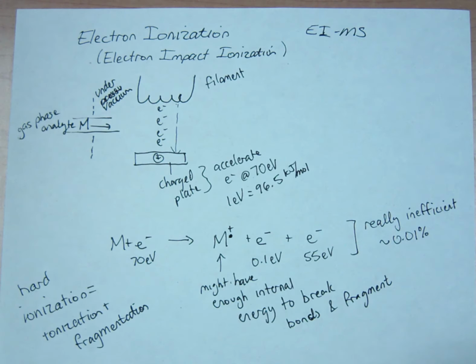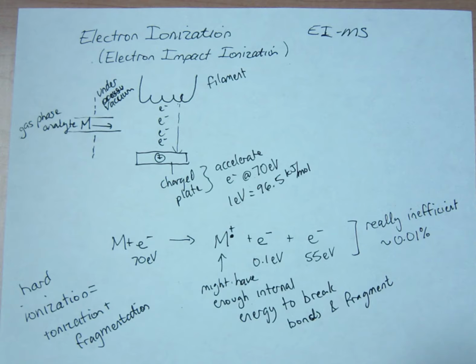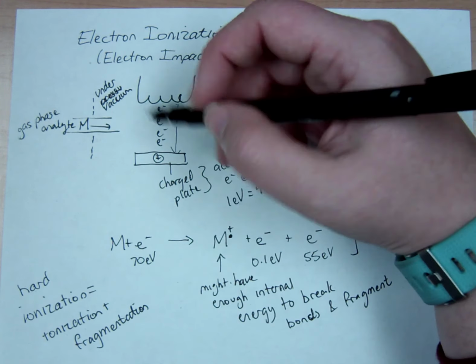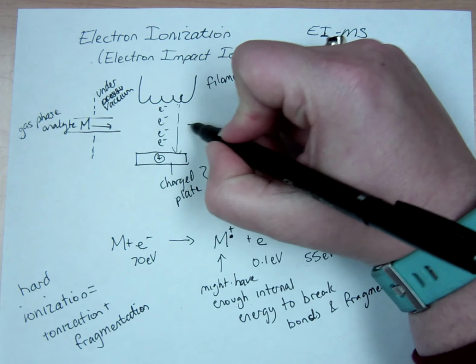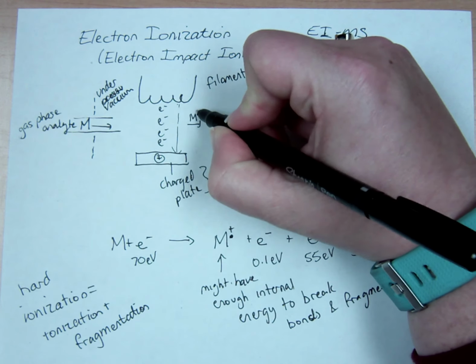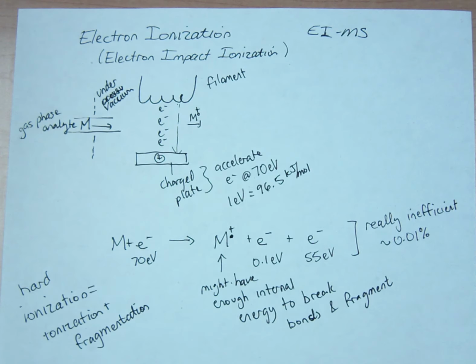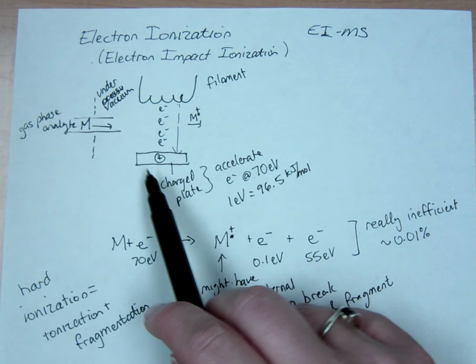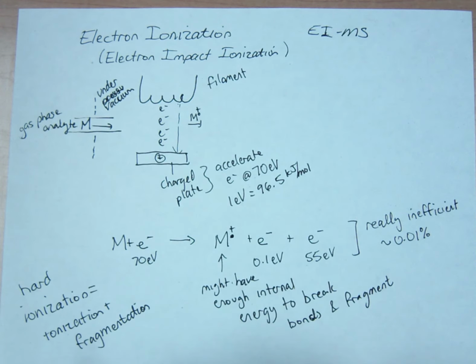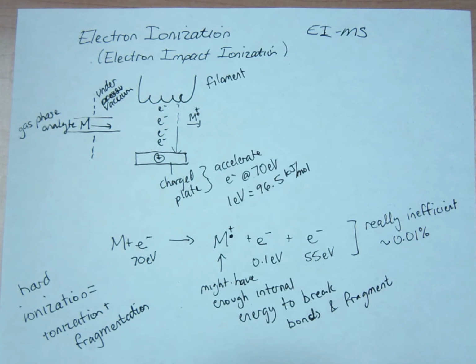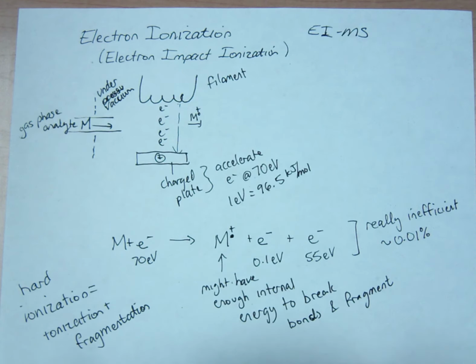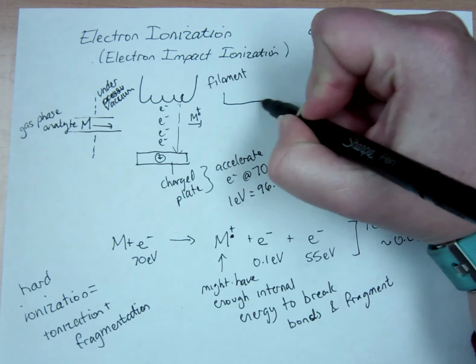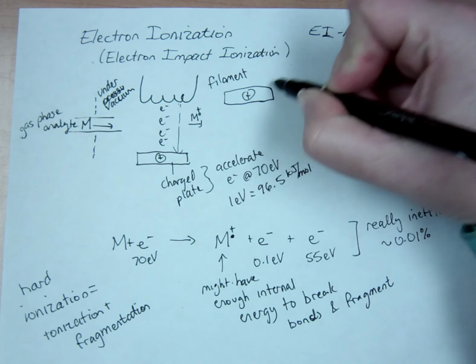Now, just to return to our diagram and finish it out, we've had our M come through, and we now get some ions that are M dot plus. These aren't going to be pulled towards the charged plate because they're oppositely charged. So now we can control getting these to the mass analyzer. We're going to put a positively charged repeller here.